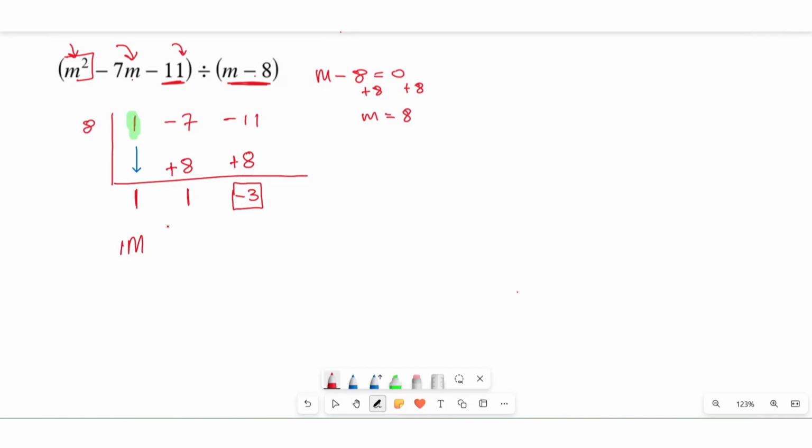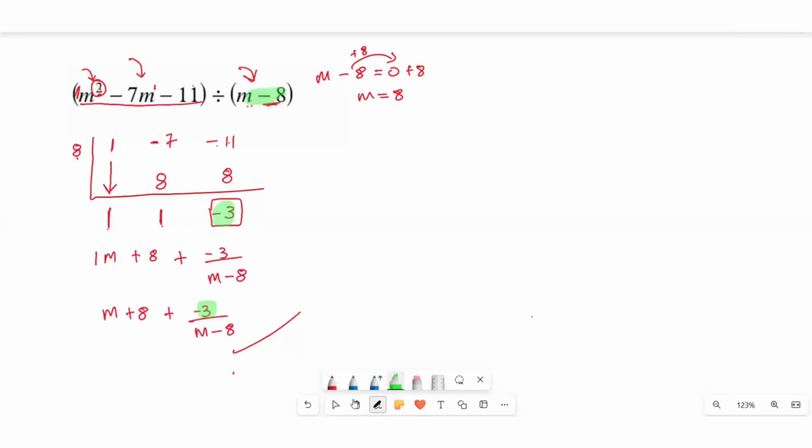So it's 1m plus 1, and then with a minus, and this is my remainder. So it's a -3 over m minus 8. Basically, it's m plus 1 minus 3 over m minus 8.